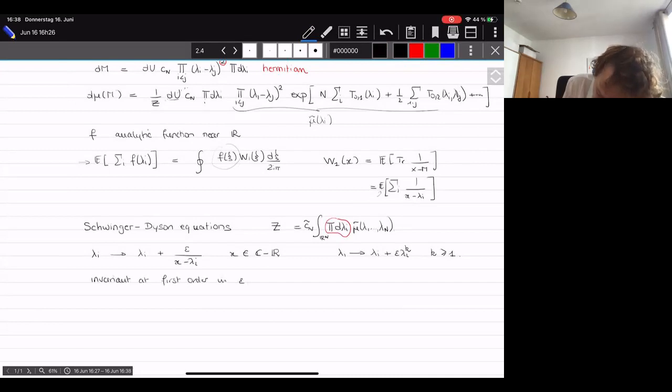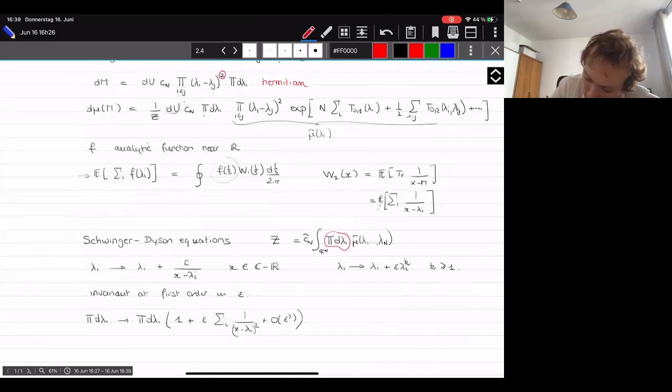So it means that the product of d lambda i at first order is going to become 1 plus epsilon, here the sum of 1 over x minus lambda i squared. And then there are terms coming from the Vandermonde squared and coming from the variation of the lambda i in the t's.